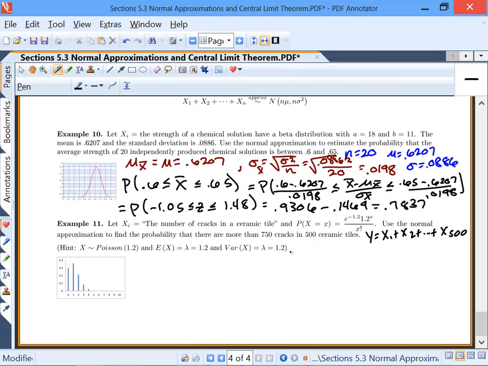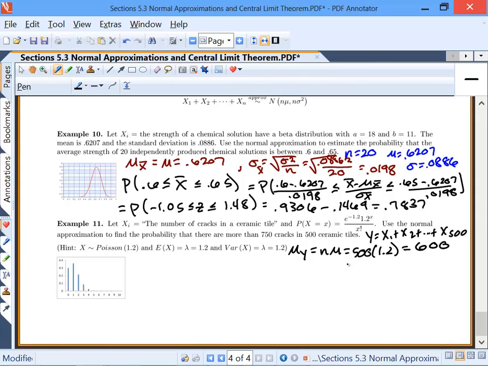So we need to find the new mean. So the mean for y, the formula is n times the old mean. So n is what? How many variables did we add up? 500, because there are 500 tiles. So 500 times the old mean of 1.2. So 600.